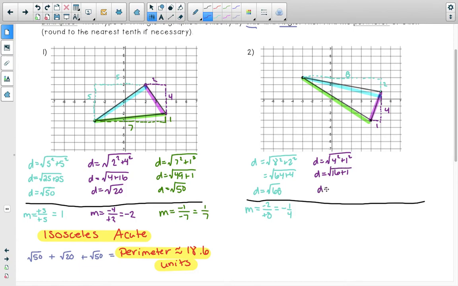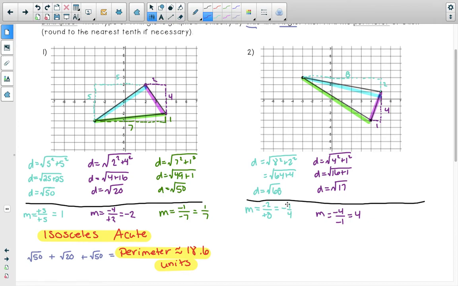So distance is equal to the square root of 17. Then our slope: the change in y is down 4, so that is a negative 4 divided by, we went to the left, which is a negative 1. So negative 4 divided by negative 1 is equal to a positive 4. That is our slope.